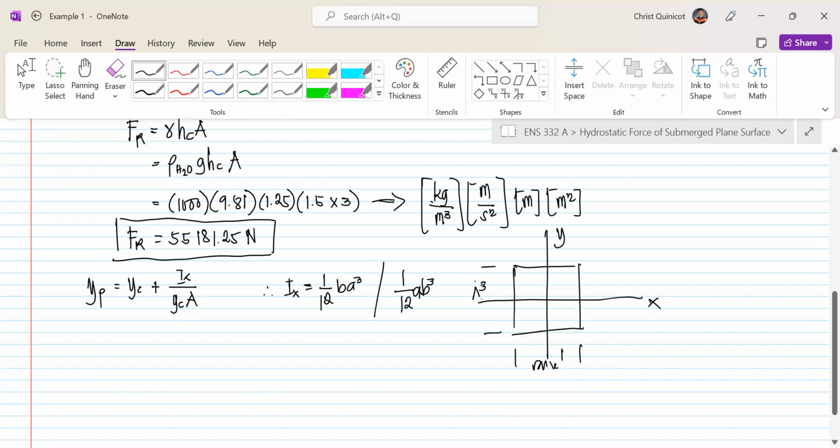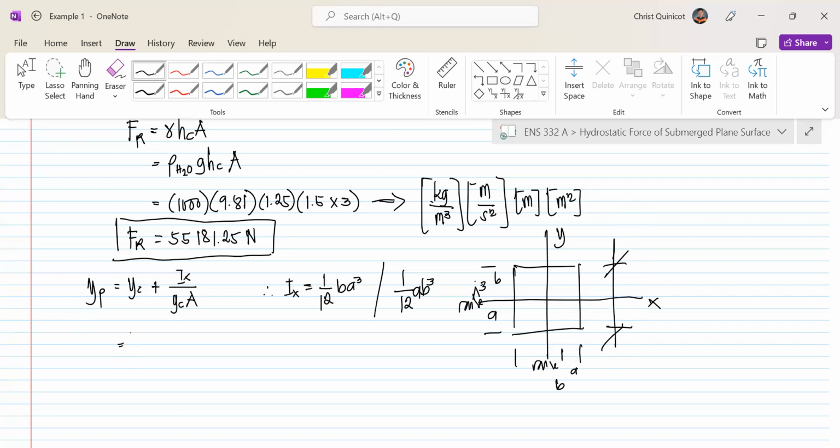So if you say this is your a and this is your b, then it becomes b times a cubed. And if you say this is your b and this is your a, then that is a times b cubed. This portion here, the y, is what is being raised to the power of 3.